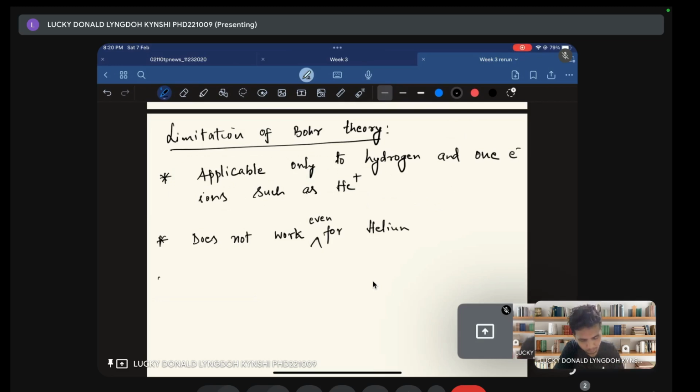The third is that it cannot explain why certain spectral lines are more intense.